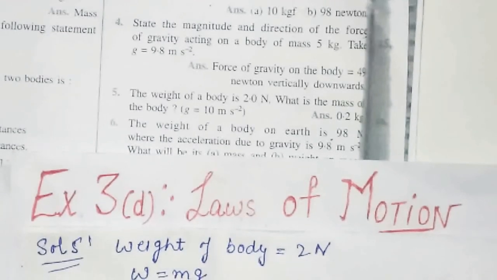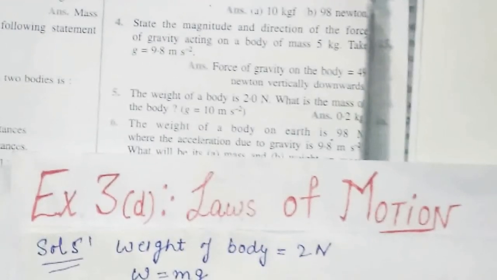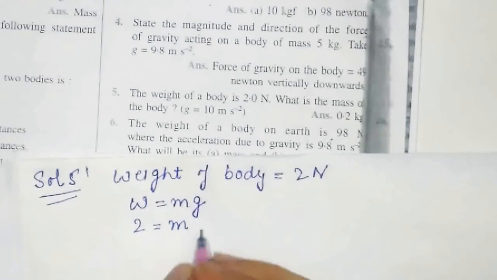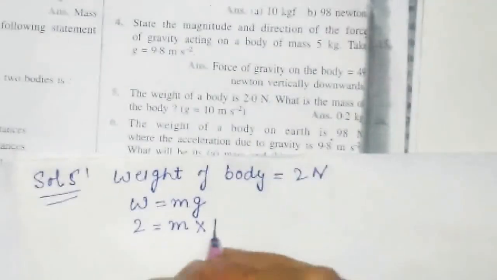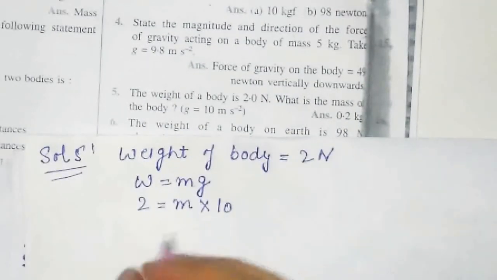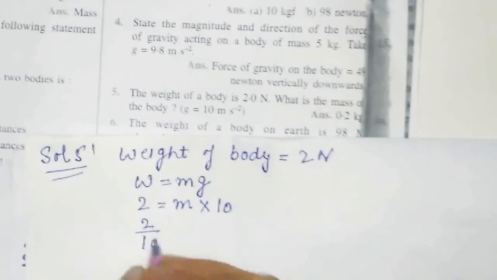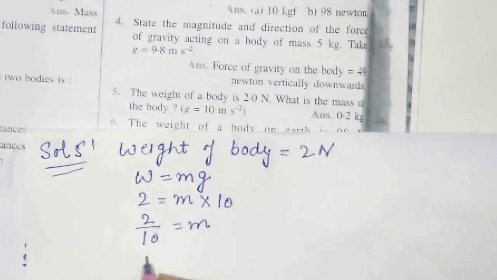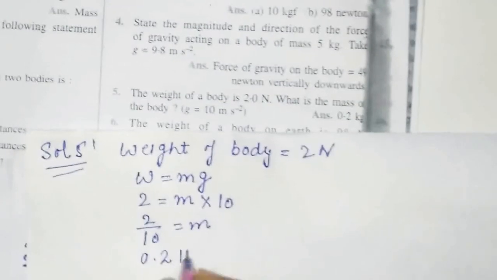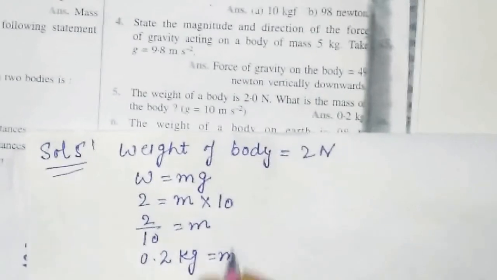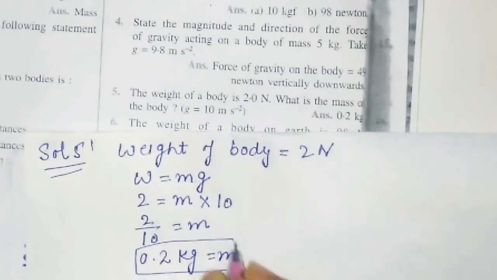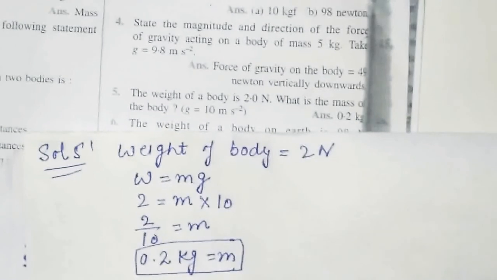So put the value of weight 2, and m we have to calculate, into g which is 10. Clear? So 2 divided by 10 becomes m. So m is 0.2 kilogram. This is your answer of question number 5.